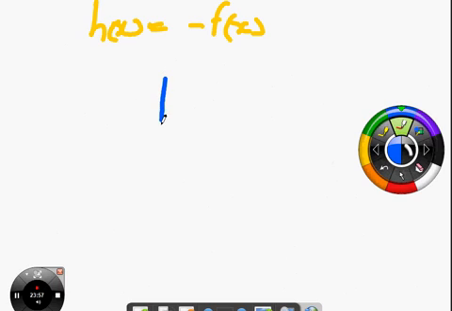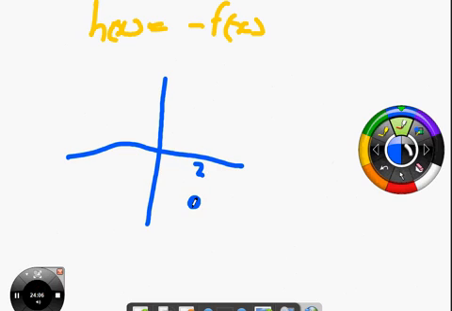So let's look at our Cartesian plane, for instance. If I had a point there, and this is 2, and this is 6, this is negative 6. So if I had a point 2, negative 6, which means the x gave me a negative 6, the original gave me.